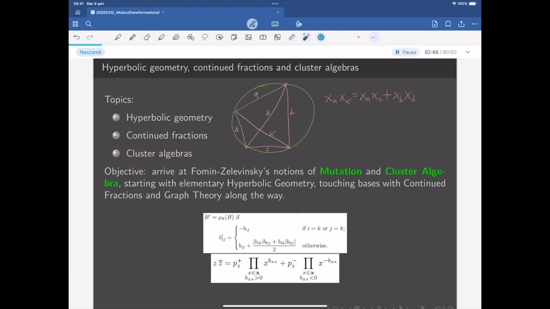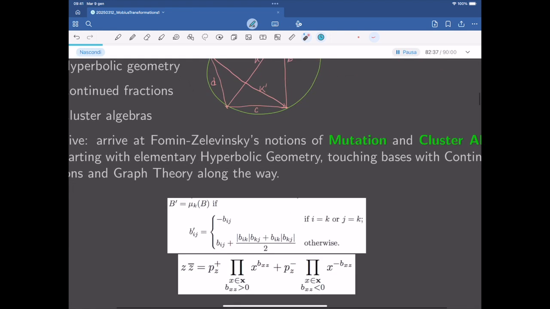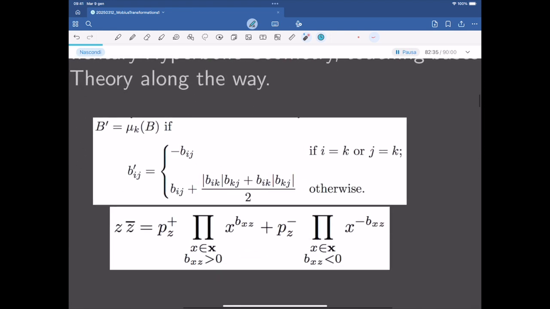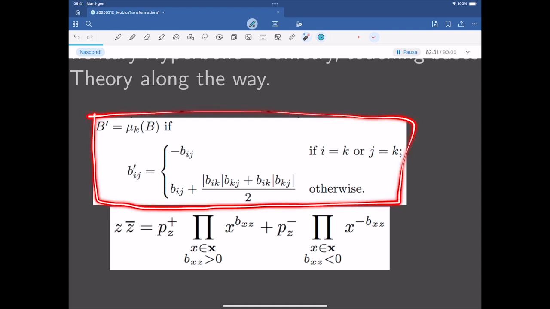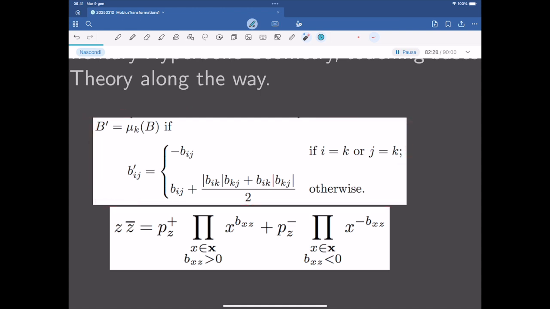Now I choose this way because if you go to just Fomin and Zelevinsky's papers on cluster algebras, then you find the notion of mutation, and this is the notion of mutation of matrices, and then the notion of mutation of clusters, where this is not a complex conjugation. This is something else.